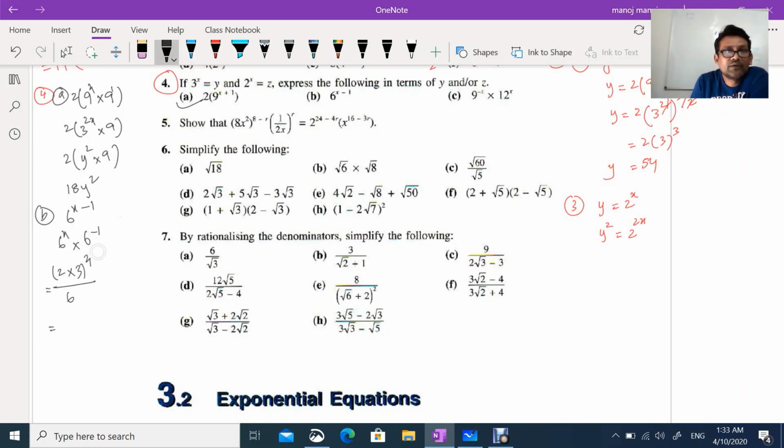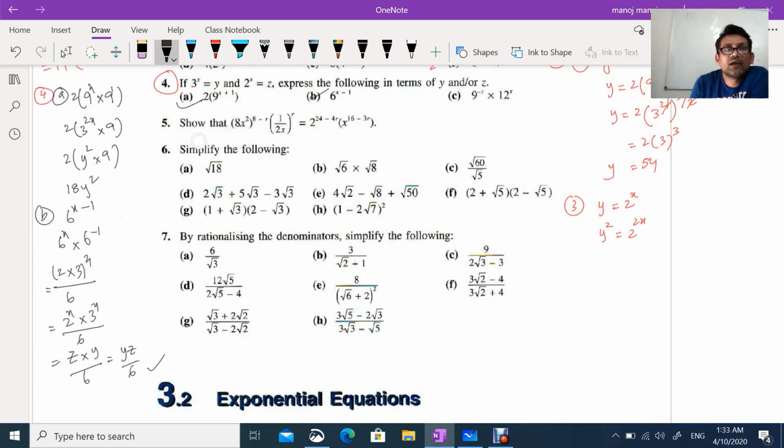So 2 power x into 3 power x divided by 6. 2 power x is z, and 3 power x is y, divided by 6. So the final answer is yz upon 6, and we have done it. This is the way we have done part B.